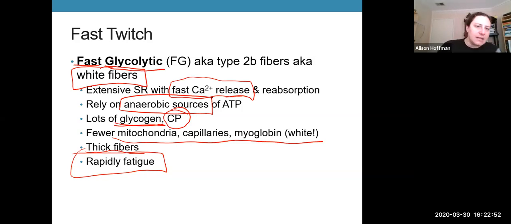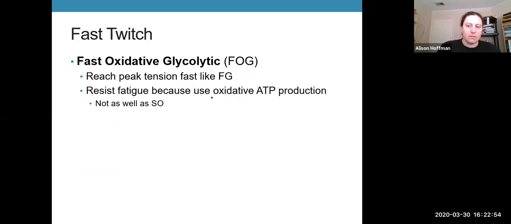Now there is a second type of fast twitch muscle fiber. It's fast oxidative glycolytic, which I think it's funny, but we abbreviate that to FOG. So these guys have a little bit of both. They're trying to be the best of both worlds. So they're really good at reaching peak tension fast, but they're better at using an oxidative pathway than the fast glycolytics.